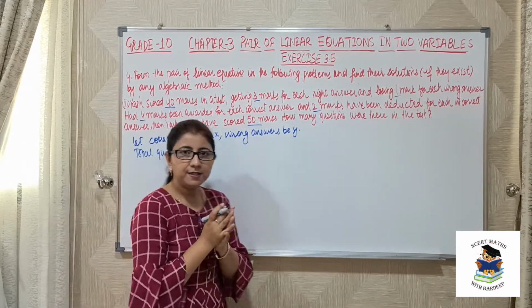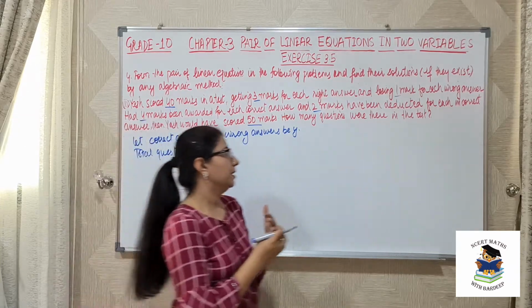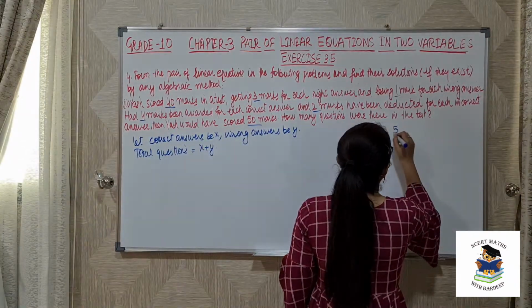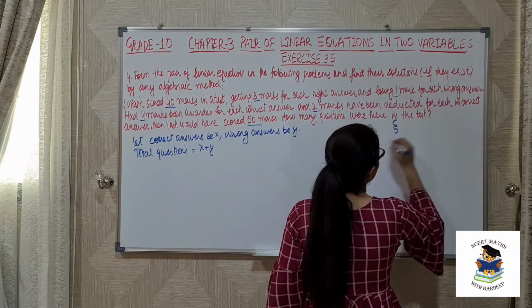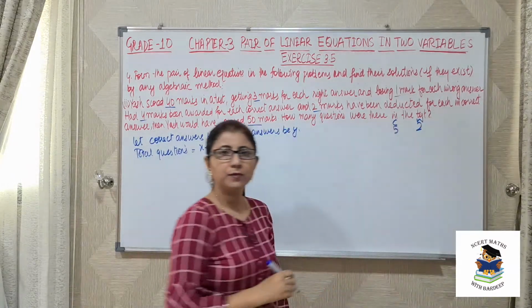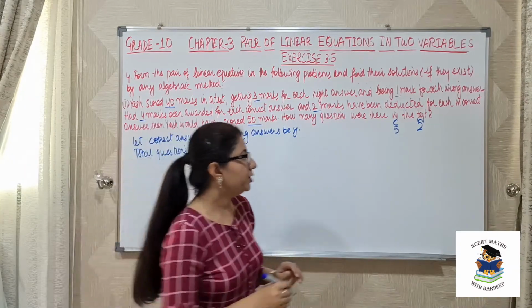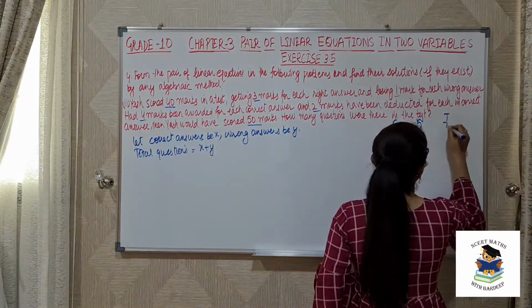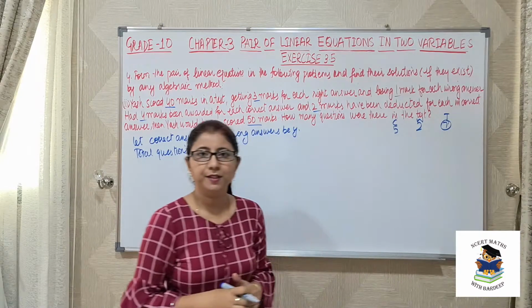Let's understand this first. Suppose I have 5 correct answers and 2 wrong answers. Then the total questions will be 5 plus 2, that is 7.